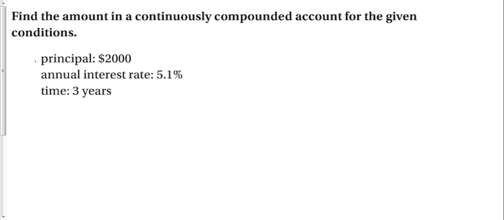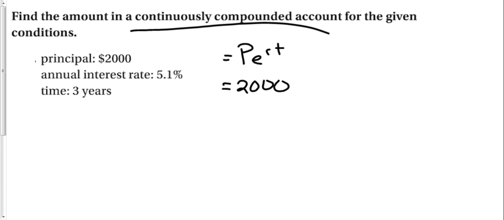Okay? Here, we see continuously compounded. That means that we need to use the function with e. So that equals principal, e to the rt power. So my principal is 2,000, e, my interest rate, change it to a decimal, 0.51 times 3 to the t power.